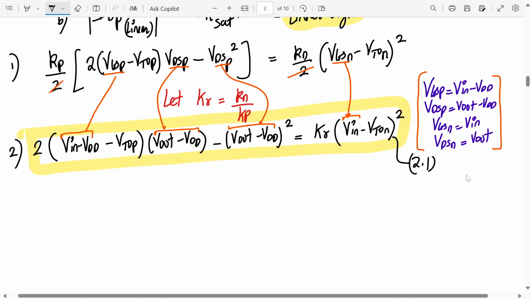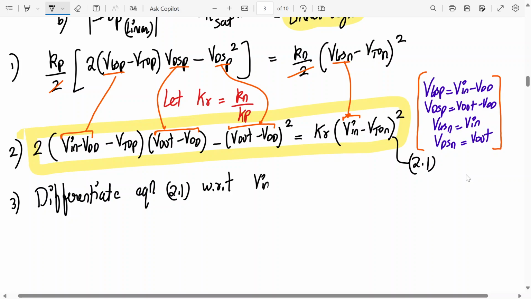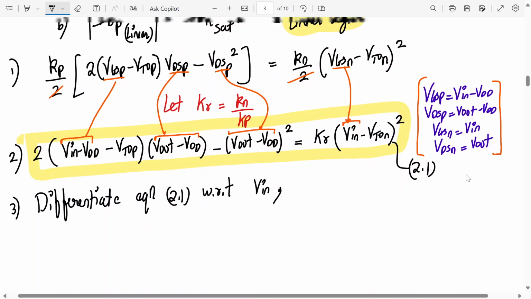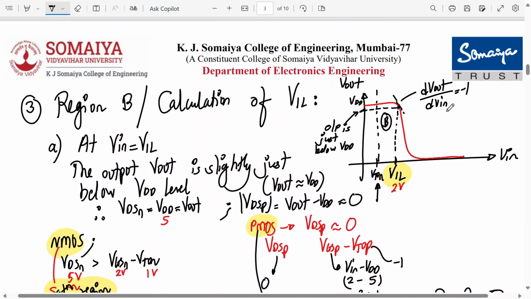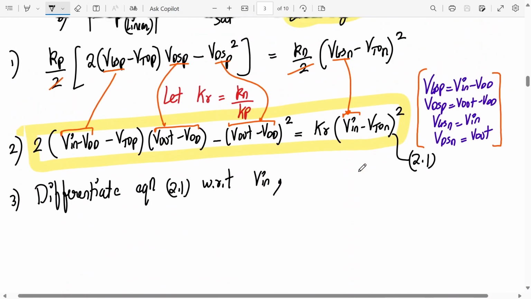Now, next step is to differentiate this equation number 2.1 with respect to V in. But why are we doing that? Because we want dV out by dV in, and we impose the condition equal to -1.